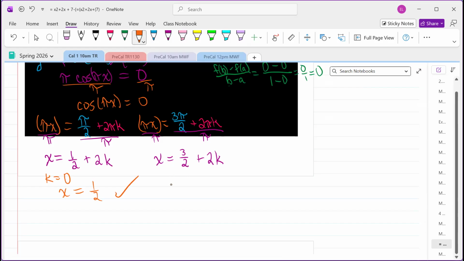If I plug in k equals 0 over here, I get 3/2. That's too big. If I plug in -1, 1/2 minus 2 is -3/2. Too small. Same thing over here. 3/2 minus 2 will be -1/2. Too small.